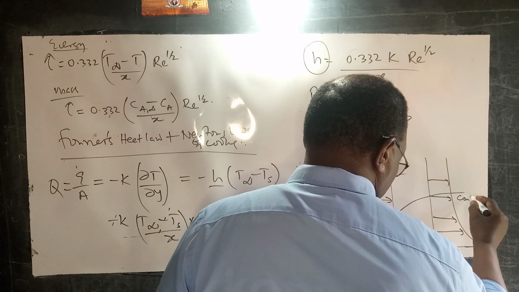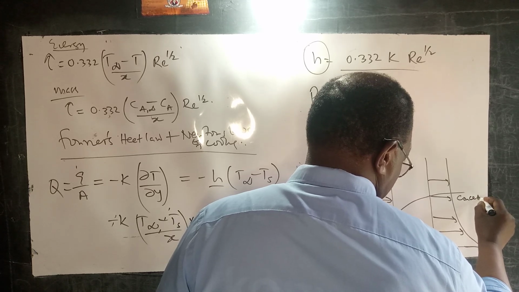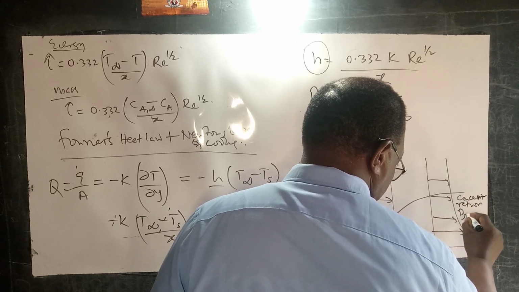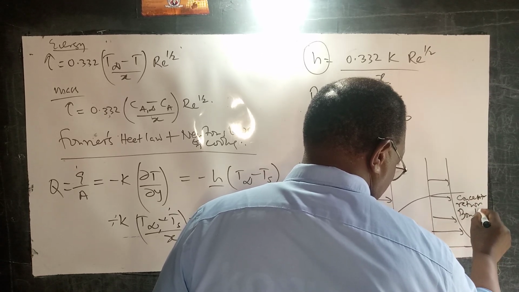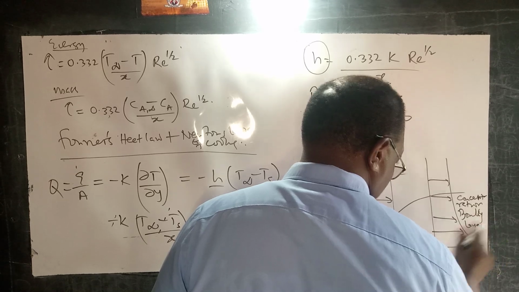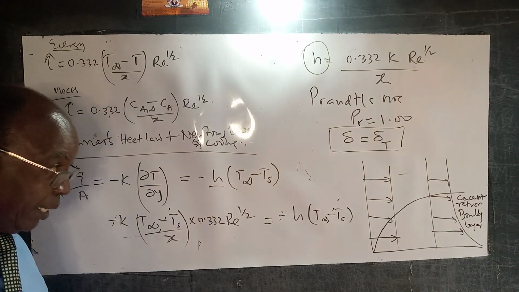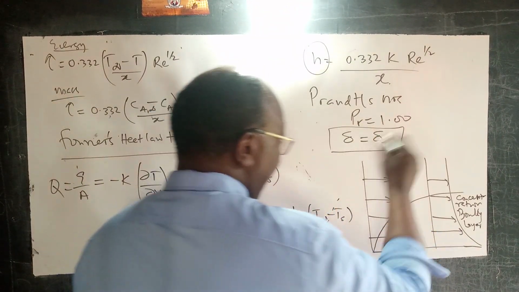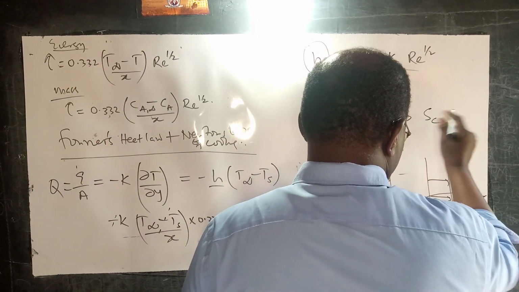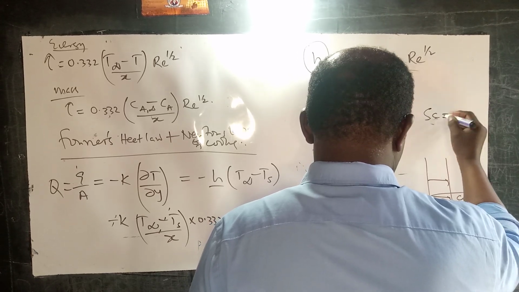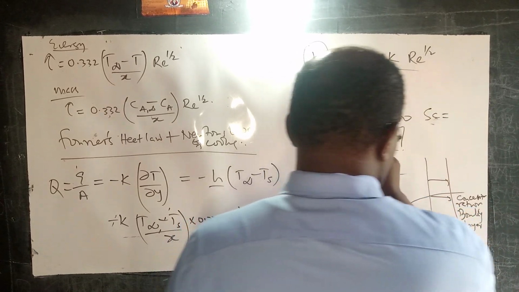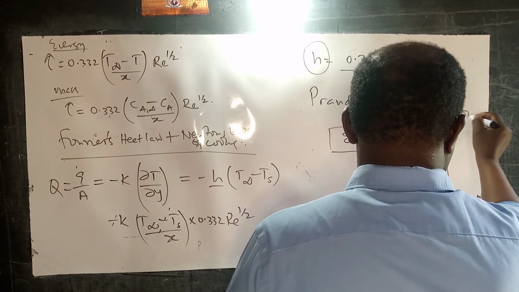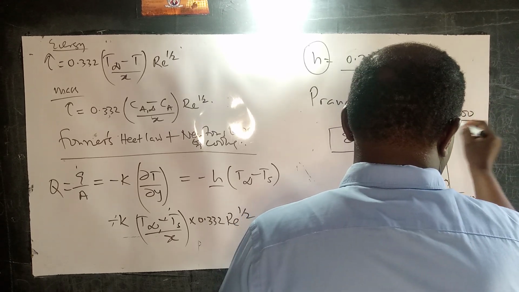Don't forget, just in case you have forgotten from our earlier lectures, this was the concentration boundary layer. In terms of the concentration boundary layer, we talk about the Schmidt number being 1.00 at that particular point.